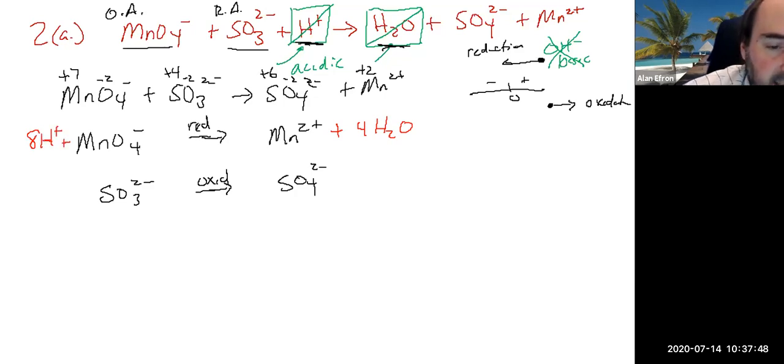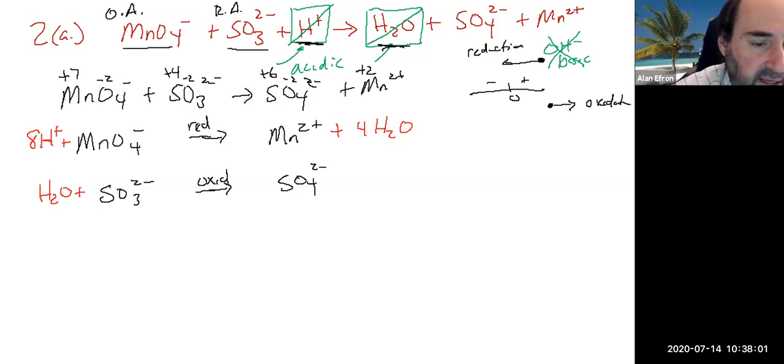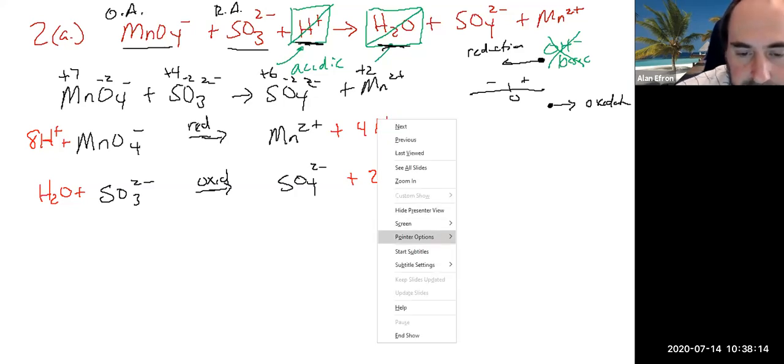Now, on the bottom, we have 3 oxygens on the left, 4 oxygens on the right, which means the bottom guy needs 1 water on the left to balance out the oxygen. And because I added the 1 water, I need to add 2 H pluses over here to the right-hand side to balance it out. Any questions up to that point?